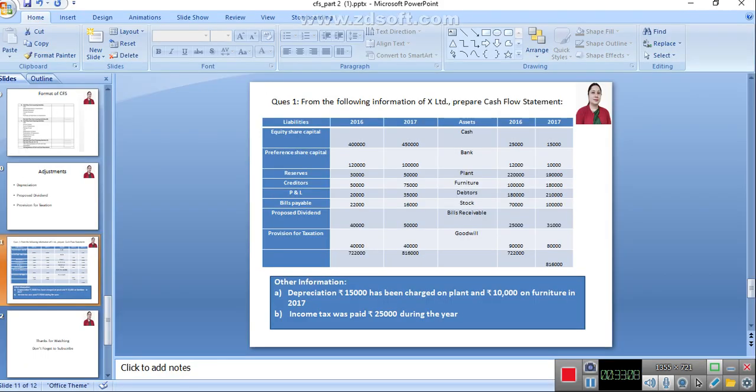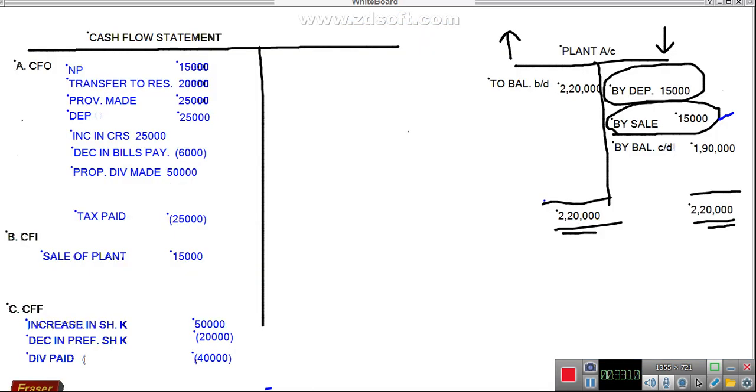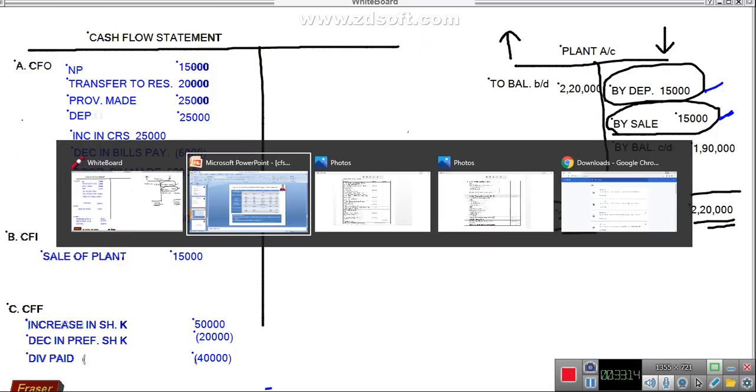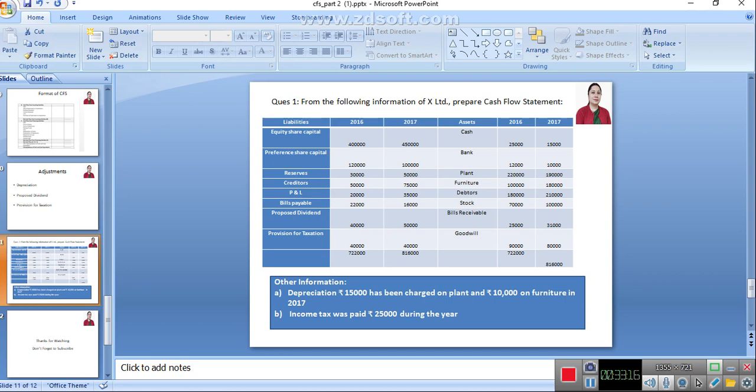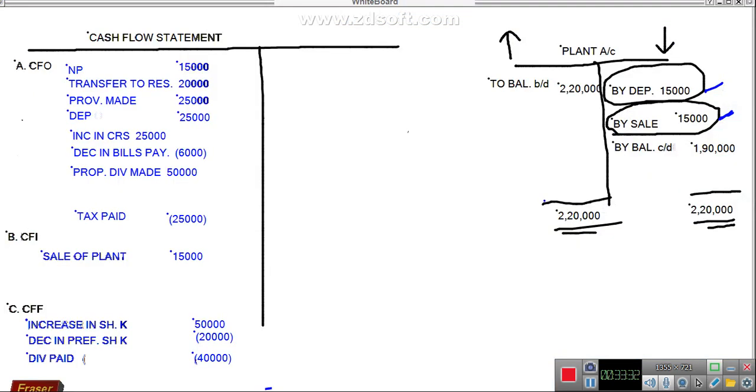Now we have included even depreciation and sale from the plant account. Now let's move on to another line item. This is furniture. In furniture again you have been given depreciation on furniture, 10,000. Now in this you again have to prepare a furniture account.